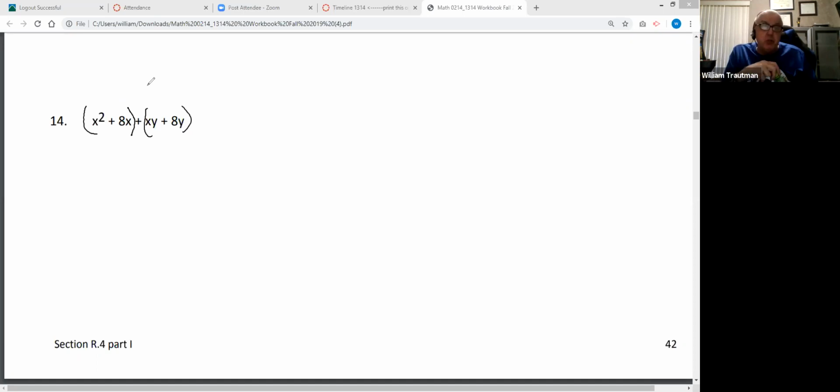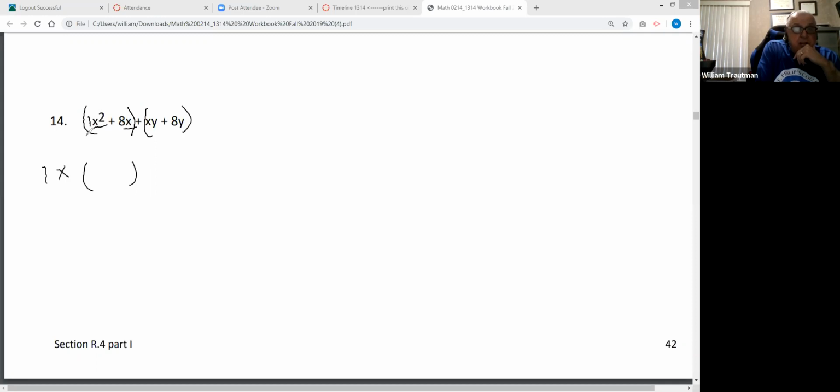So step 2, look at just the first parentheses. What can I divide out of the first parentheses? If you look, a 1 and an 8, the largest number that divides into both is 1. What is the lowest power x? I have an x squared and I have an x.